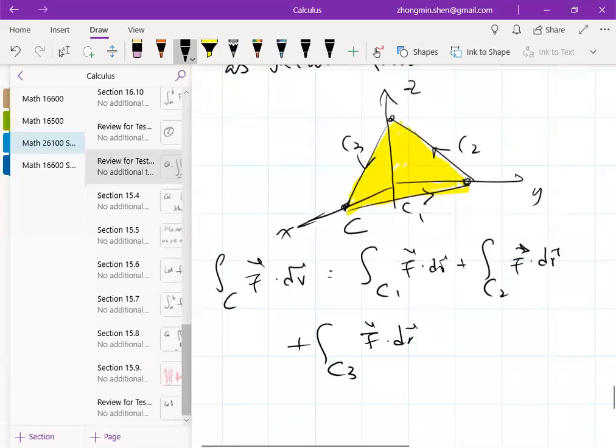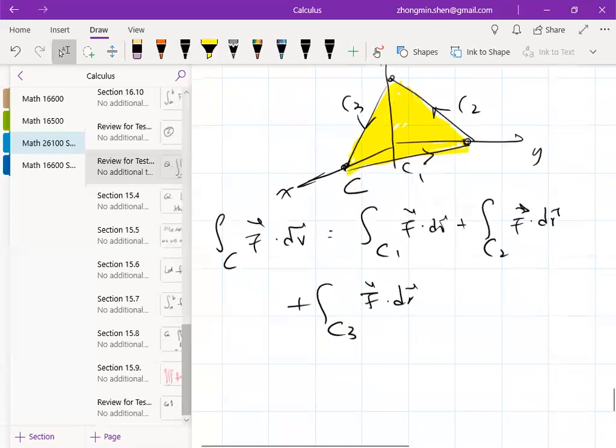Look along the line in the xy plane: then the tangent vector's z component is going to be 0. It takes a little bit more time, but you can evaluate the integral of the product.